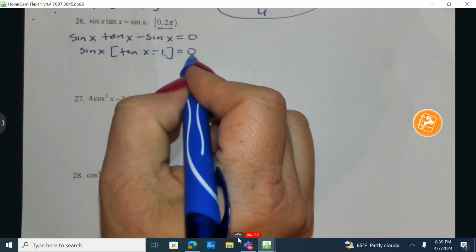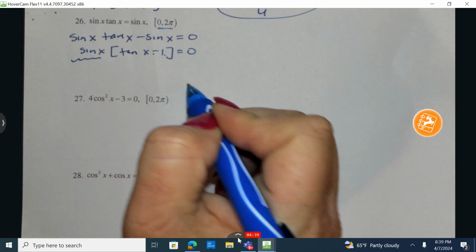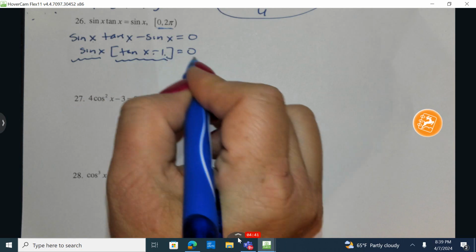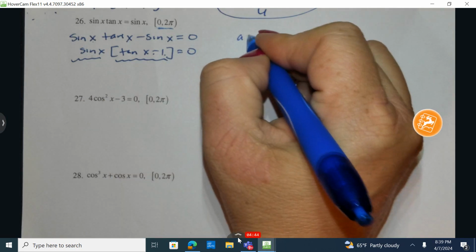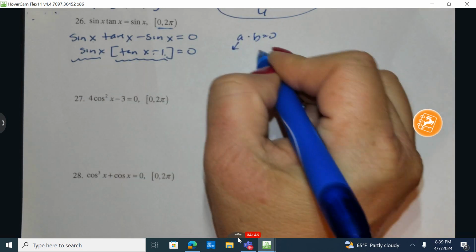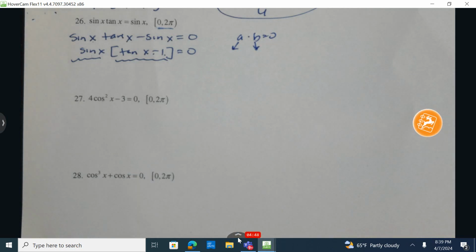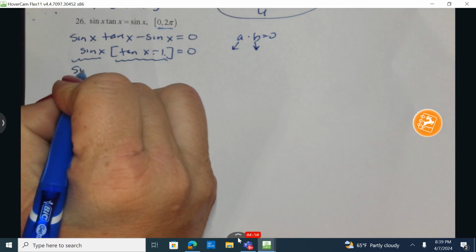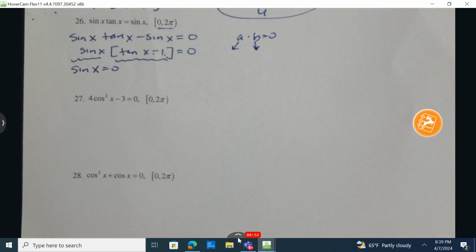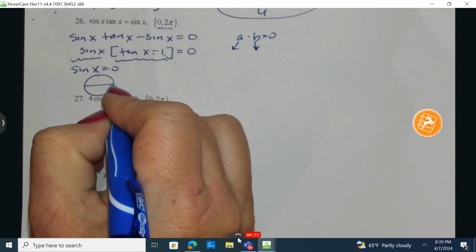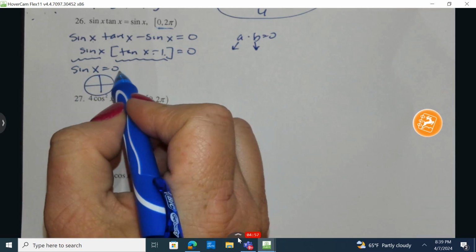Now, if this is true, either the left group or the right group equals 0. Kind of like when we say a times b equals 0. What's true? Either a equals 0, b equals 0, or they both equal 0. So I'm going to take the sine of x and set it equal to 0. And I want to ask myself, where on the unit circle is the sine, like the y value, equal to 0?